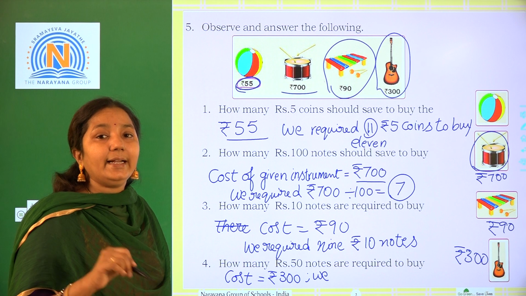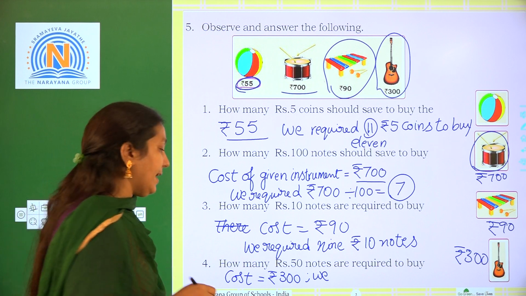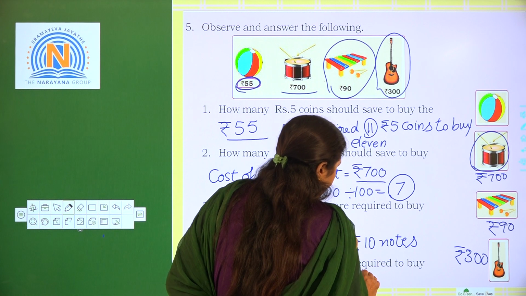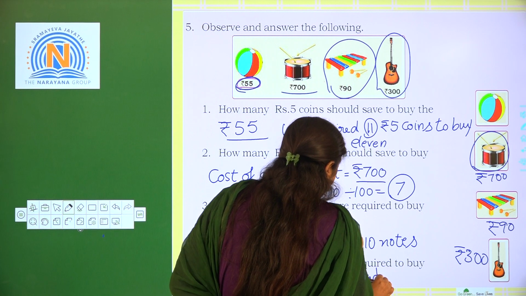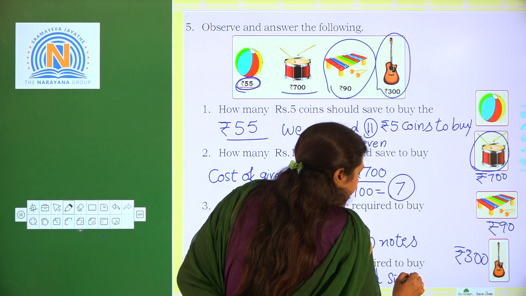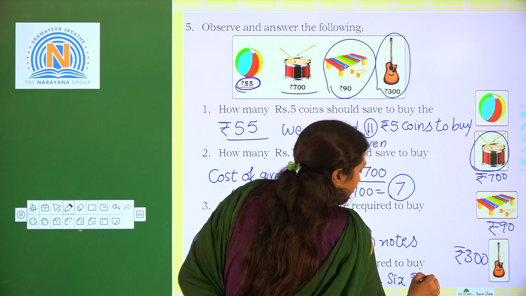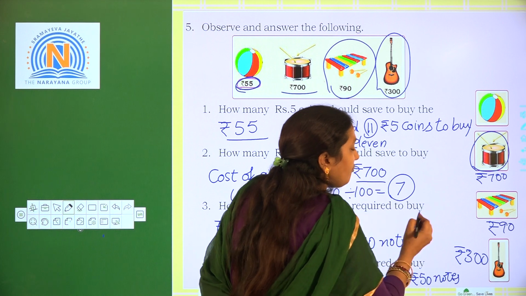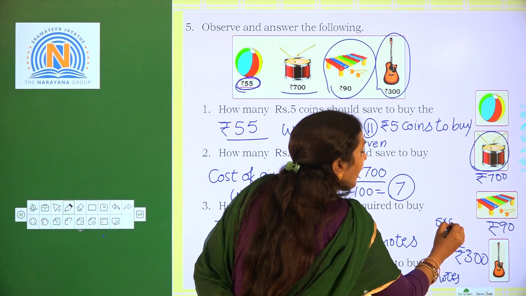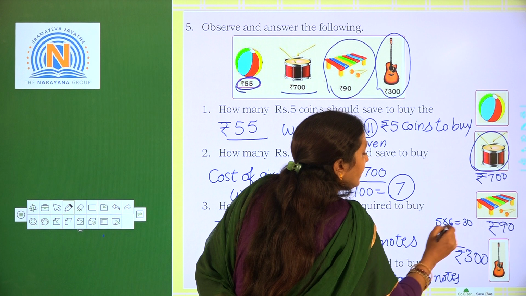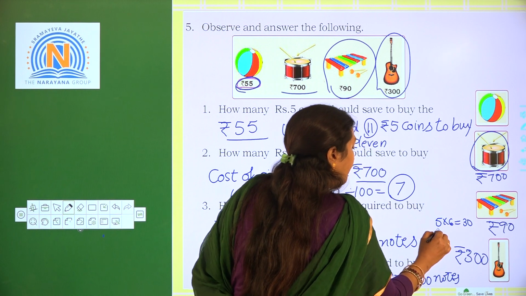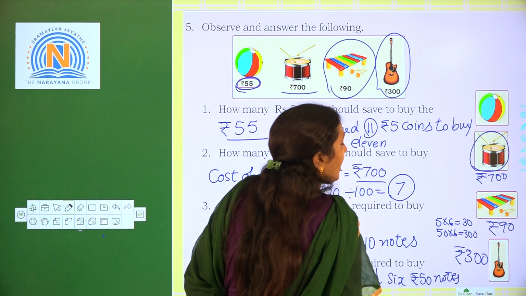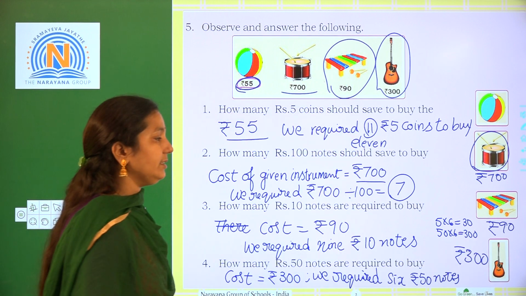What will you get? 6 notes. We require 6 fifty rupee notes, because you know that 5 sixes are 30, like 50 sixes are 300. Got it, children?